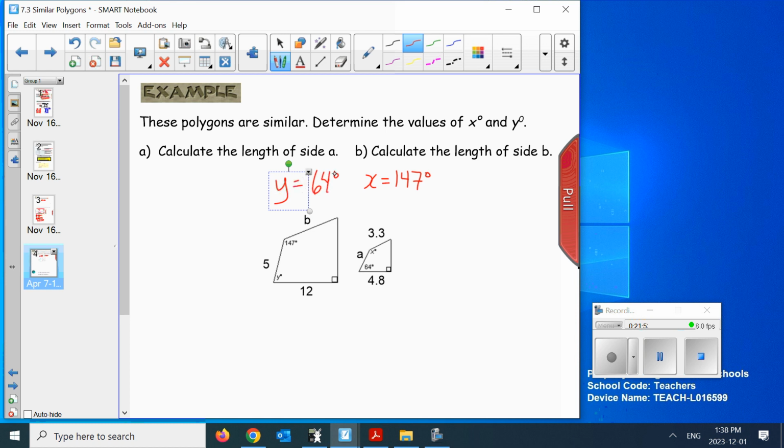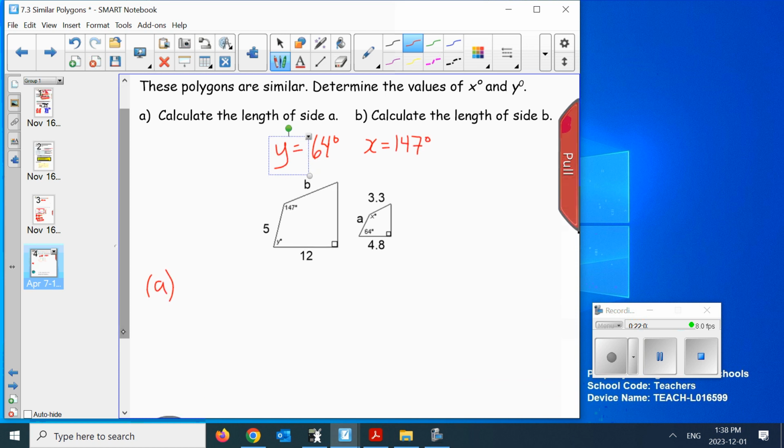Okay, now we'll do A, calculate the length of side A and side B, etc. So, you got to set up a fraction system. I'm going to do it this way. You could set them up two different ways.